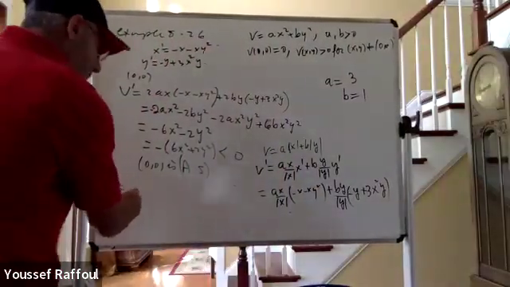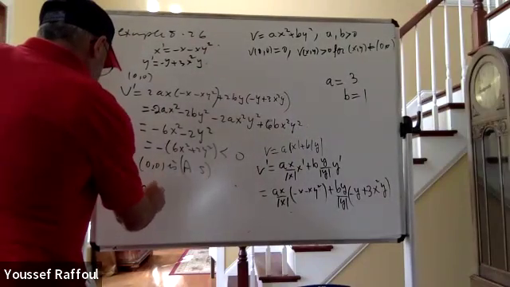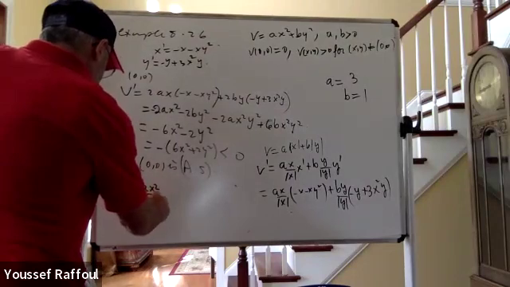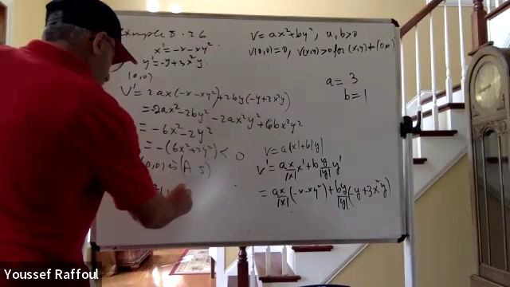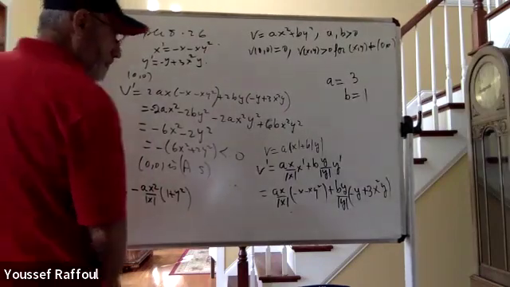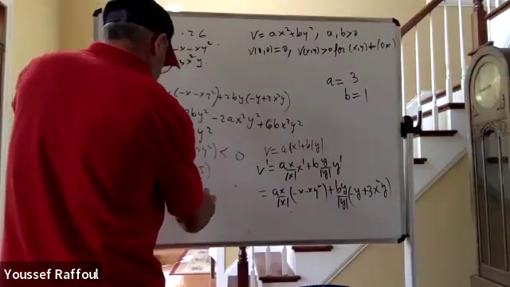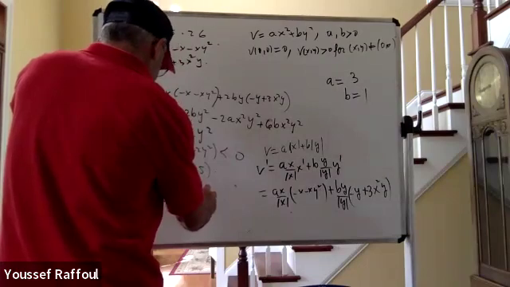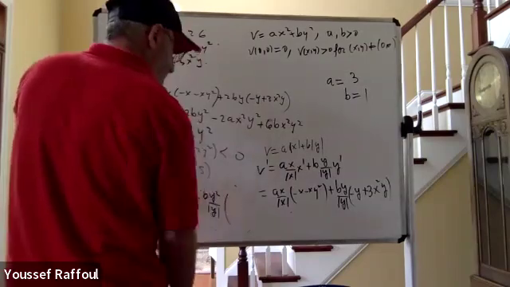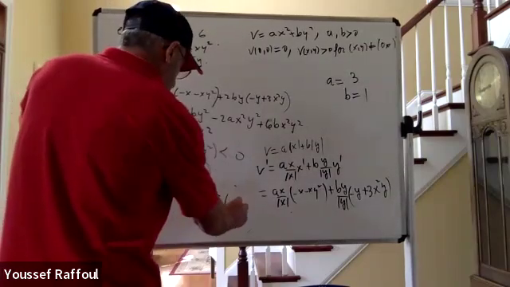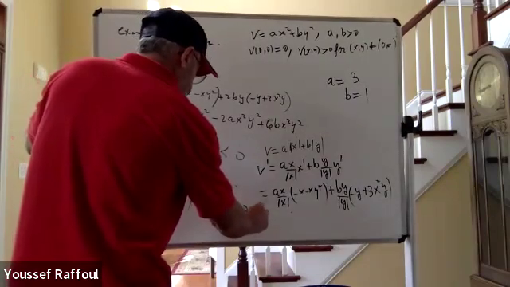So that is minus a x squared over x times 1 plus y squared plus b y squared over y times minus 1 plus 3x squared.